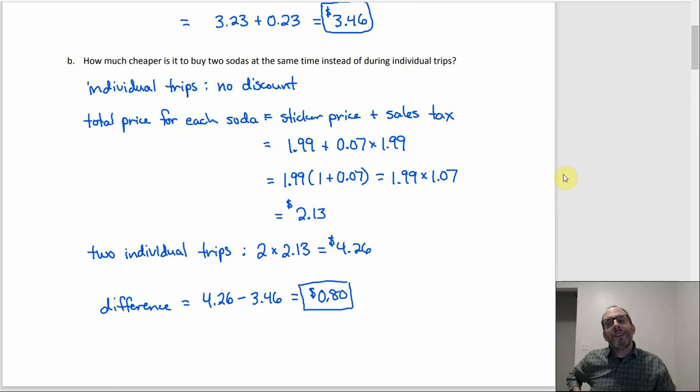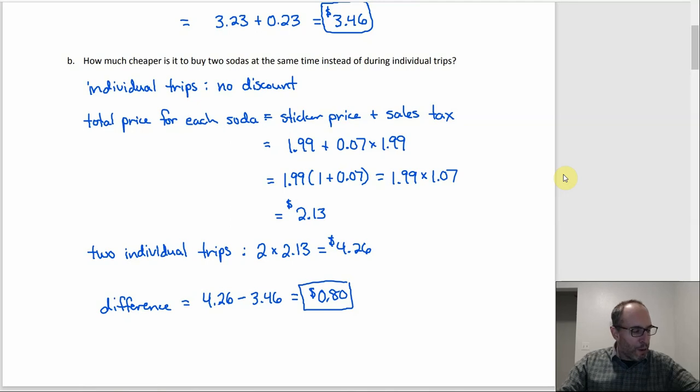Right? So it's not 75 cents, because even though 75 cents is the discount, you still have to factor in the tax, and that'll add a little bit extra to the difference. So you end up saving a slight amount beyond 75 cents.